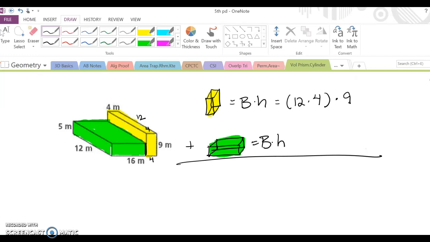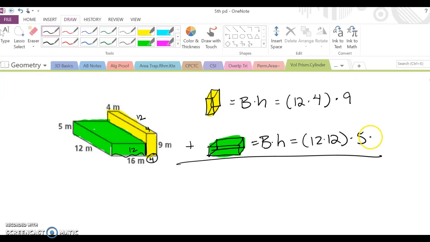On the green one, it's a little bit easier to see what's going on. Be careful, it's tempting to say 16 times 12, but it's actually 16 take away this 4 that we used up on the yellow prism. So that's what, 12 is left here. 16 minus 4, so that's going to be 12 times the height of 5. Okay, so let's put that in our calculator.